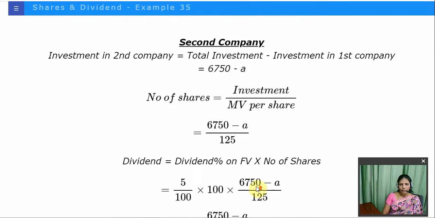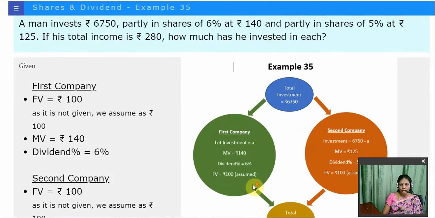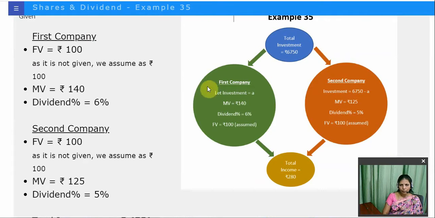Once again I'll give you a review of the question. By looking at this picture you can understand better. A man invested 6,750. Some amount he invested in the first company, or company A or company B, anyway you can do it. I have written first company and second company.